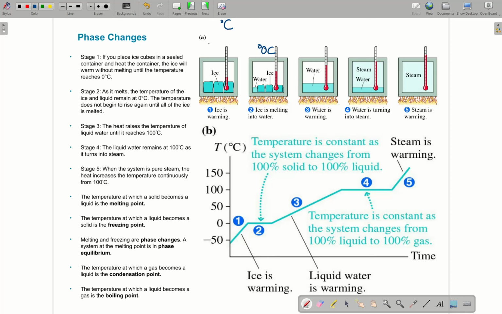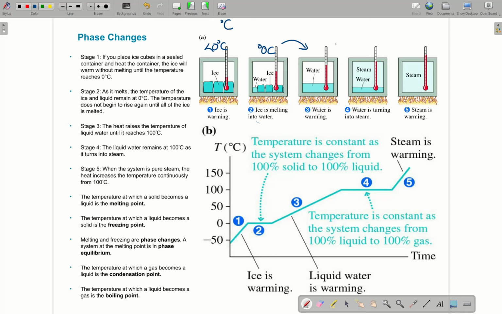So below 0, heat ice, it will stay as ice until the melting point, 0 degree, is reached. Then it starts melting. Okay? Keep heating up, it becomes all water. If I keep heating this water, it expands a little bit, stays as water.